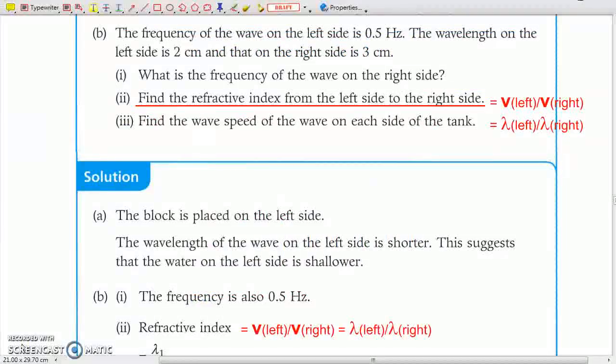For part B2, which is the most difficult part, you have to find the refractive index from the left to the right, which means the ratio v left to v right, or λ left to λ right, as λ and speed v are directly proportional as mentioned above.